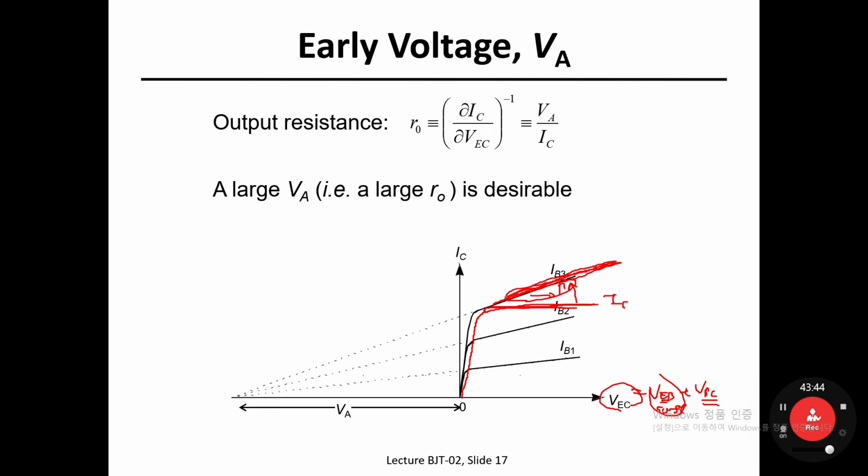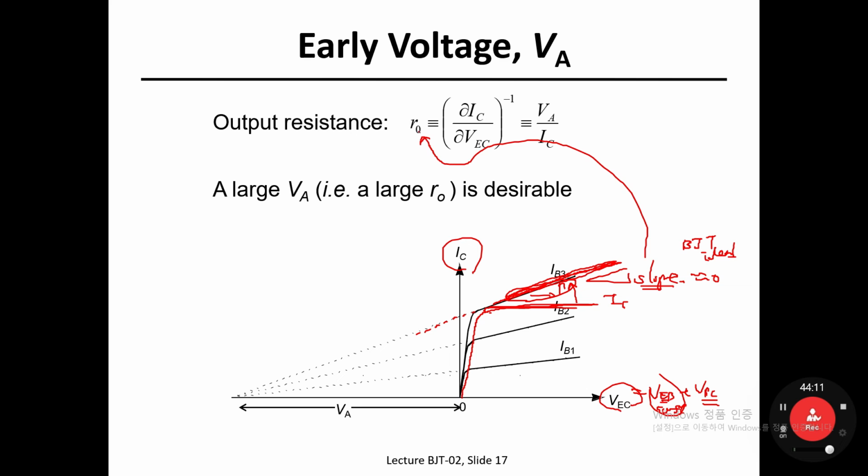Since ever increasing output current has been observed, we're gonna define this slope, okay? And this slope corresponds to the output resistance, well, actually output conductance, because the y-axis is current. So if this slope is 0, then the BJT is very ideal.